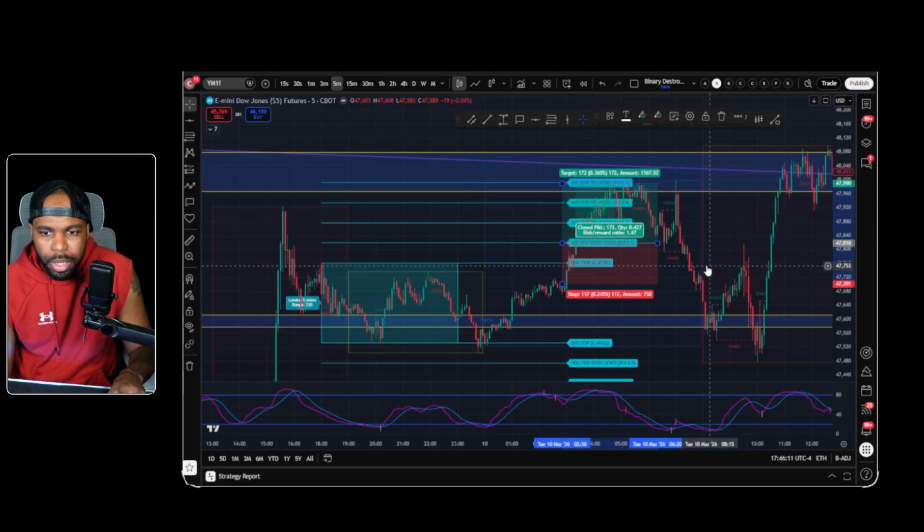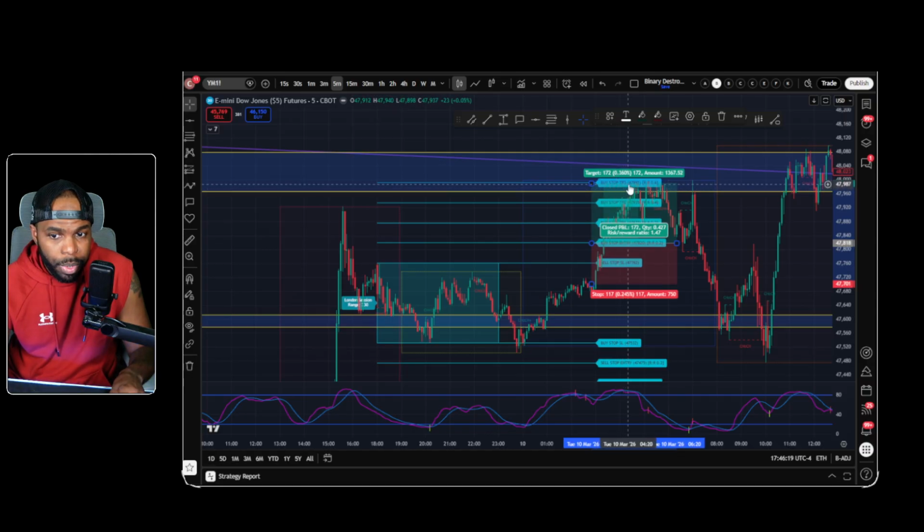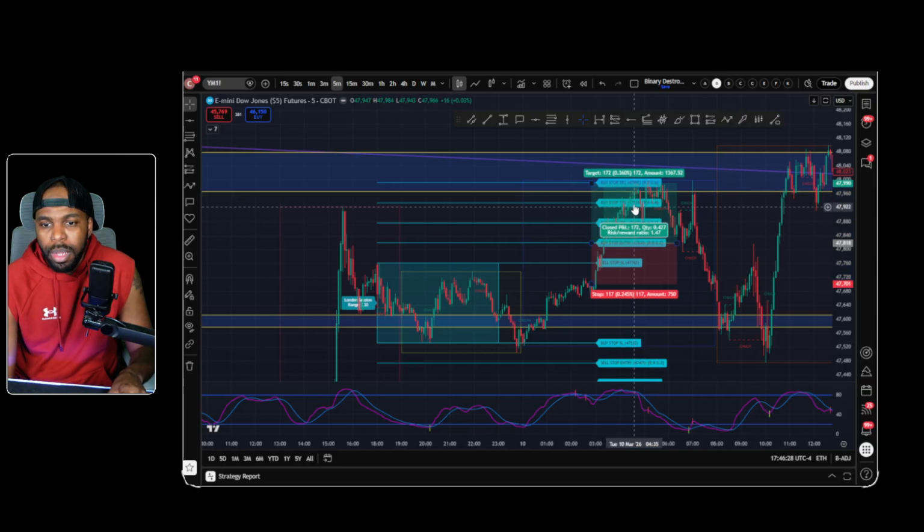As simple as that. And you would have won that trade because price is way below the zone here. And then also the buy stop TP3 is right at the zone, so you can take that pending order. Place that pending order there because TP3 is right at that zone.